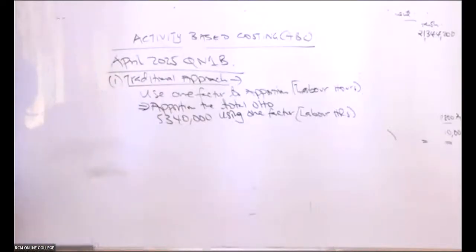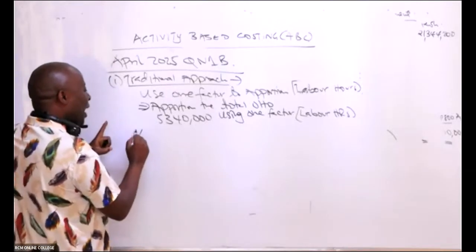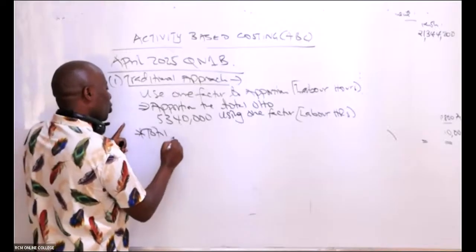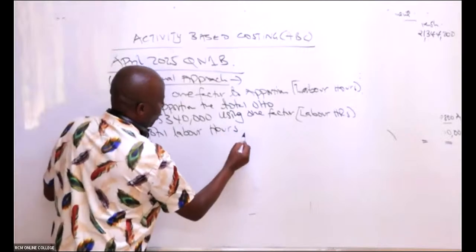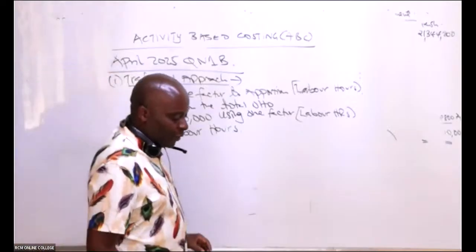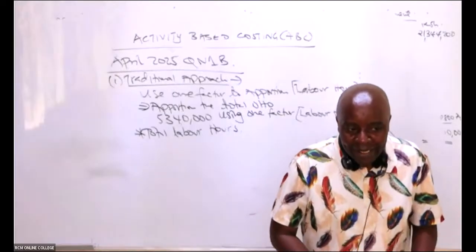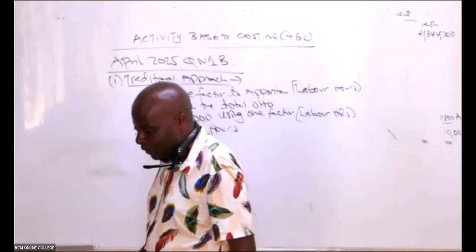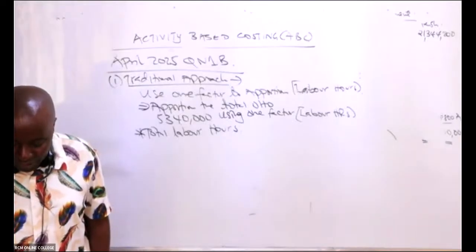The very first thing that I will do in this question, step number one, is to give us the total labor hours. 1 mark will go here. Give us the total labor hours for the entire factory. I'm being told that the total labor hours are 8,900.